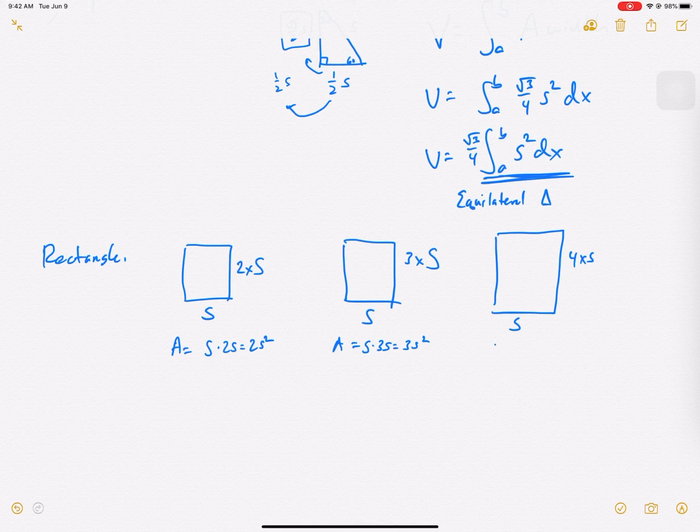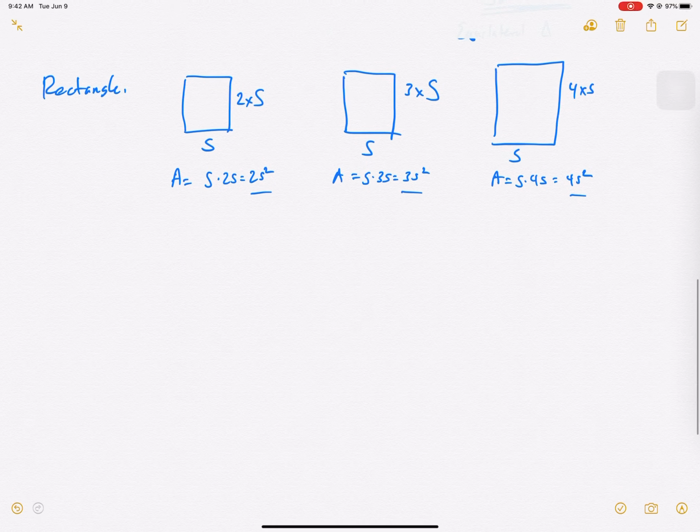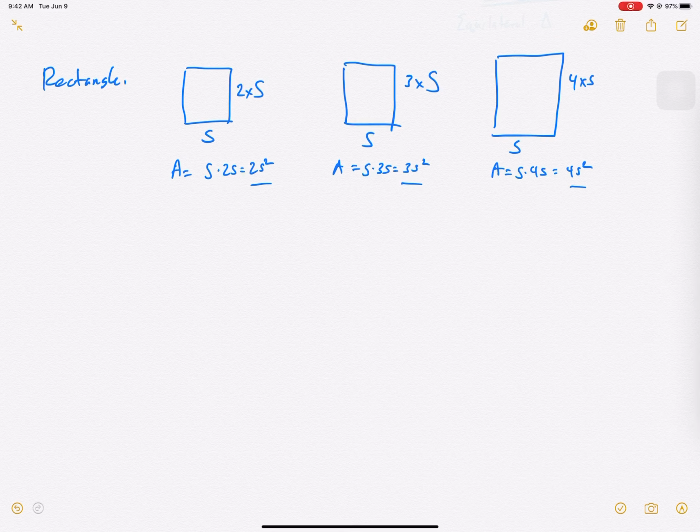When it's 4 times, the area is s times 4s, which is 4s squared. What you notice is they all have that s squared model like we had in all our other cross-section problems. So our gimmick here is to just figure out the relationship between s and the area.